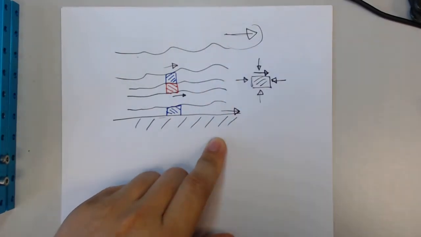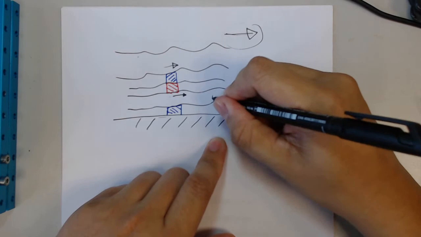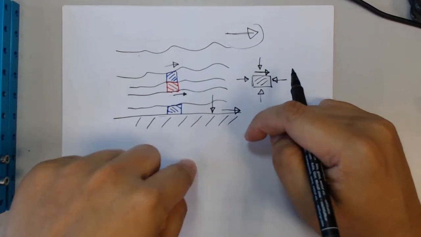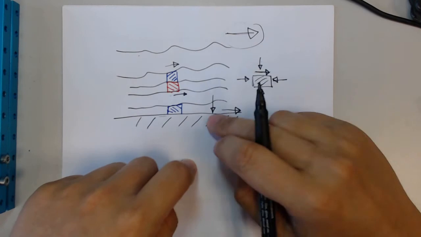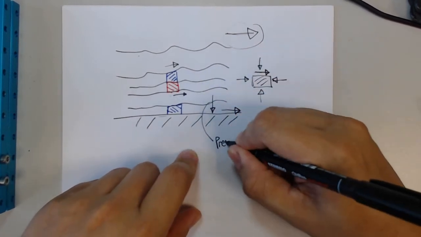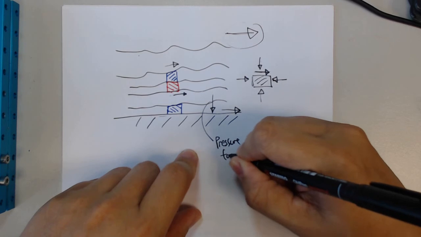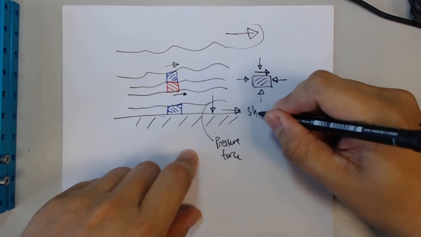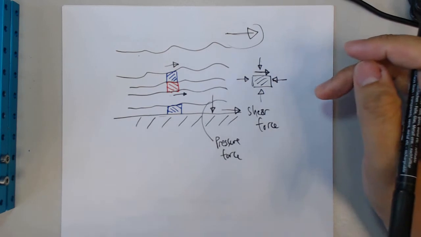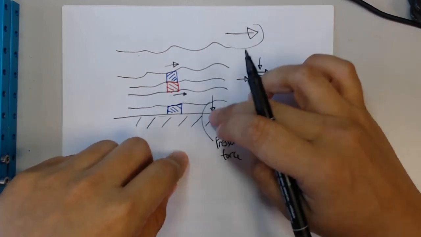And then there will also be a perpendicular force acting on the solid, perpendicular downwards by the fluid. This is called the pressure force. So we have a pressure force over here and a shear force over here. One is parallel, the other one is perpendicular.